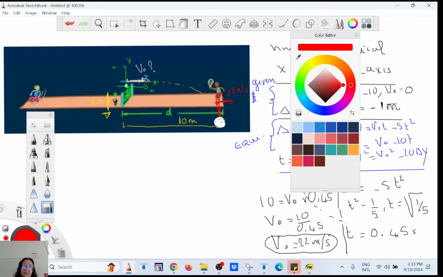It's moving forward with 22 and it hits the ground moving down with a velocity of 4.5. Why 4.5? Because final velocity equals initial minus 10 times t. Is that clear?